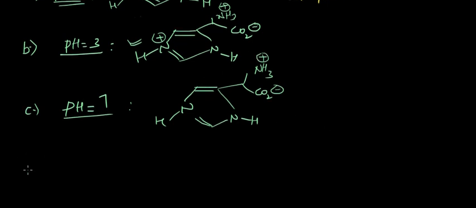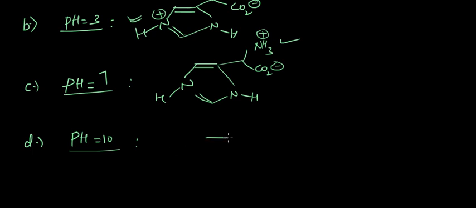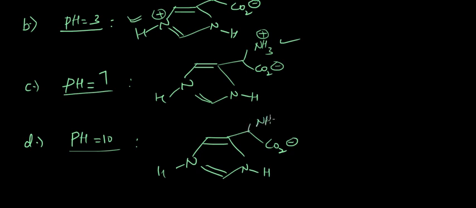Next, when pH applied is 10, this NH3 plus will lose its H plus, and as a result the final product would be this: CO2 minus here and NH2 here. Yeah, so this is the final product.